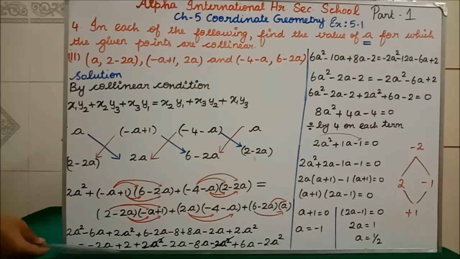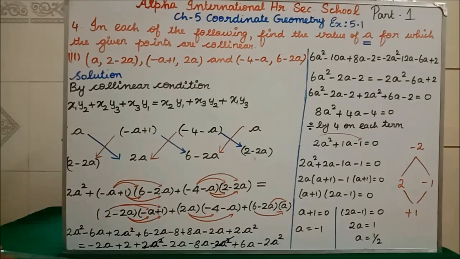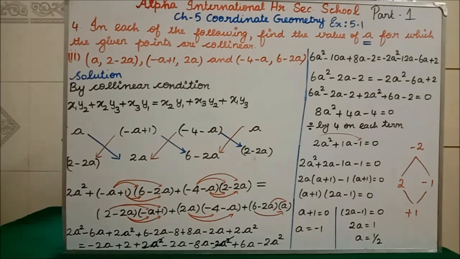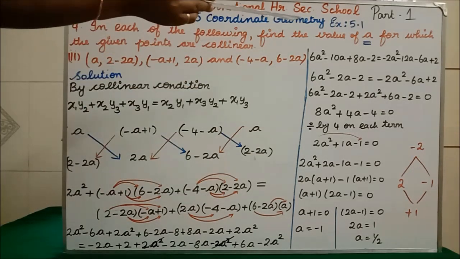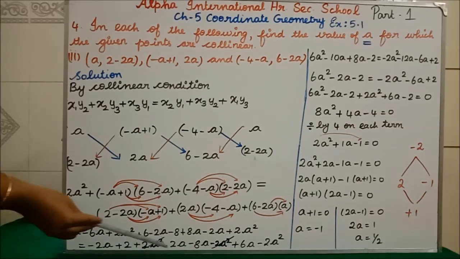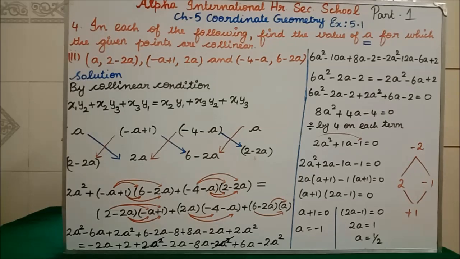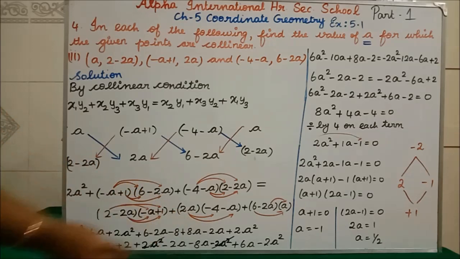Now next equal to we are going to see. Here minus 2a, here minus 2a. Which means what? Minus 2a, minus 2a, minus 8a plus 6a we are having. And afterwards we are having minus 2a square. Square only I have written first. Here minus is add. So 2 plus 2 is 4, minus 4. Minus 4 minus 8 is what? Minus 12a. So I have written 12a plus 6a we are having.